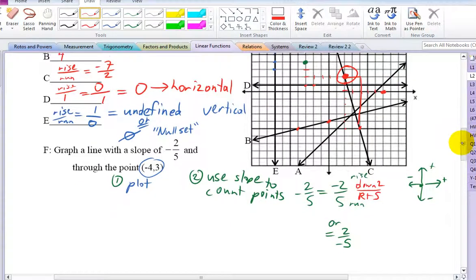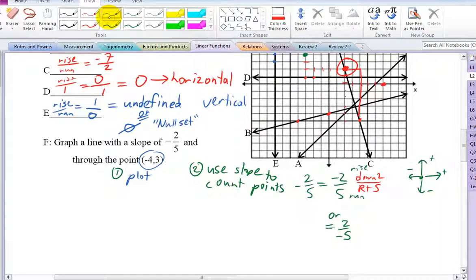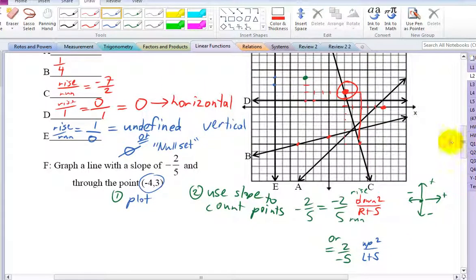Now, we want to do the other way as well. We want the other direction. So what does a +2 mean? Up 2. And what about a negative 5? Left 5. So now you're going in the other direction. From your original green point, you count up 2, 1, 2, left 5. 1, 2, 3, 4, 5. There you go.